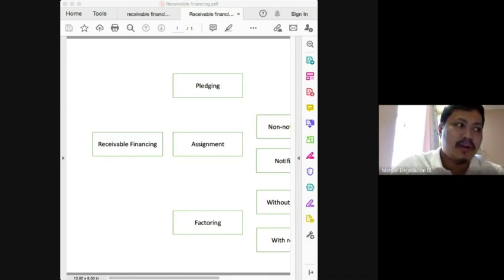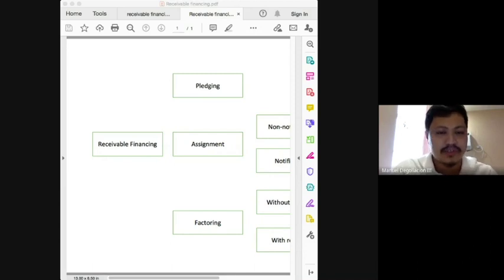Primary difference here is that for pledging, you do not specify as to what particular receivables will be used. You are just using all your receivables in general.